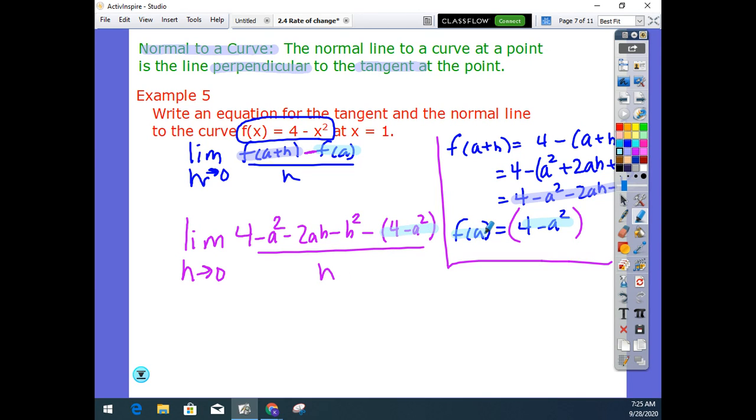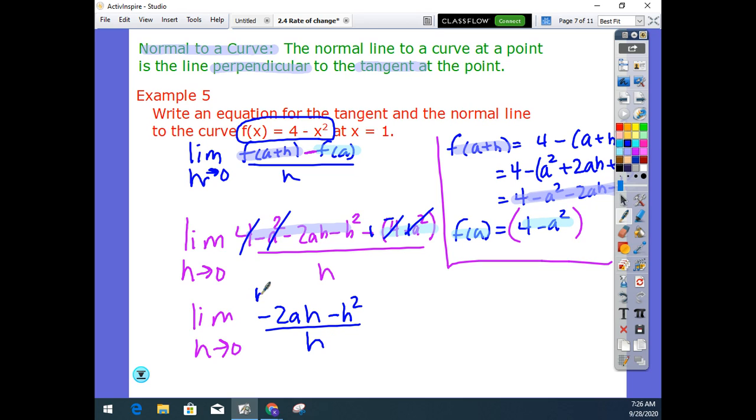All right, so notice this is my f of a, and this is my f of a plus h. Now we just simplify. When I distribute this negative, the a squared cancels the a squared, the negative 4 cancels the positive 4. Everything without an a cancels. H. Then we can factor out an h, cancel the h, plug 0 in for h, negative 2a.